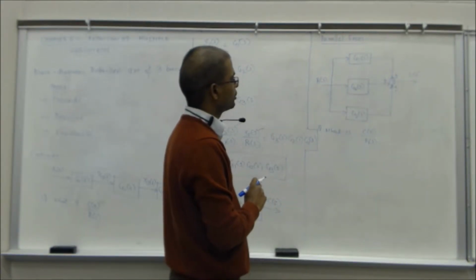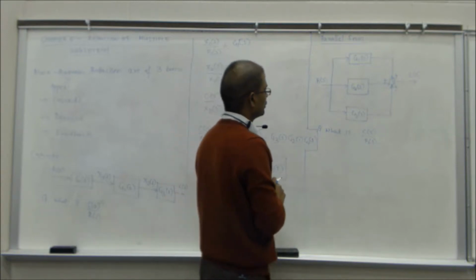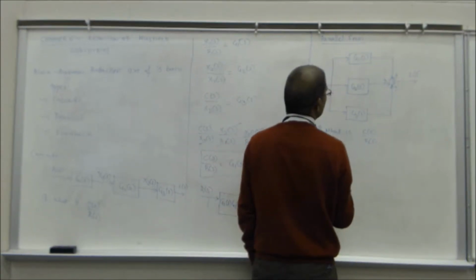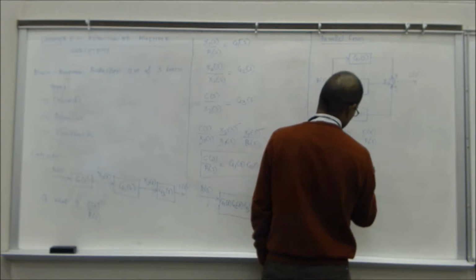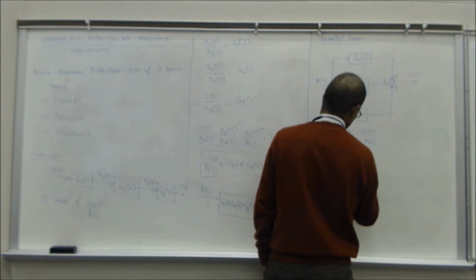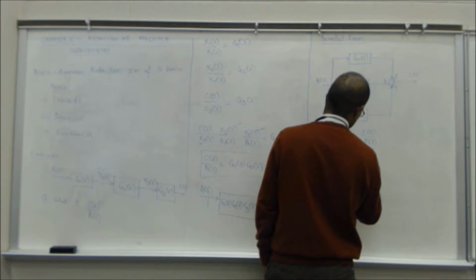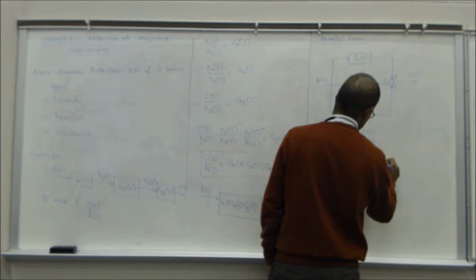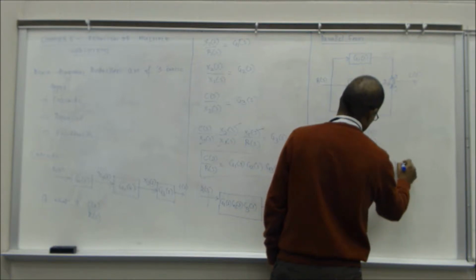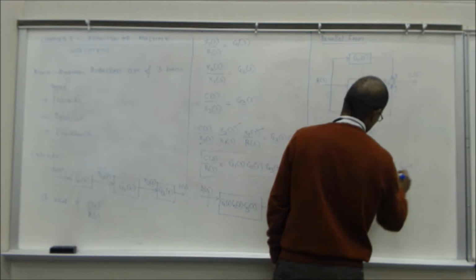So in this case, your C of S over R of S would be equal to G1 of S plus or minus G2 of S plus or minus G3 of S. Okay.